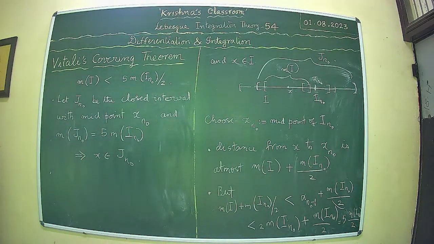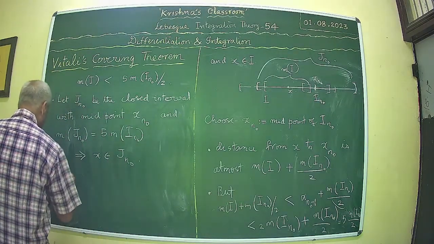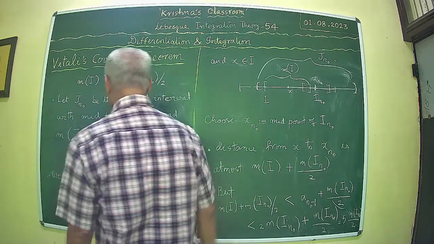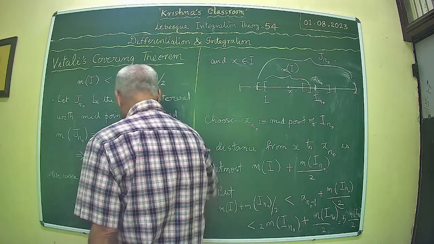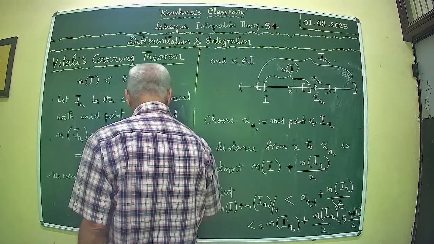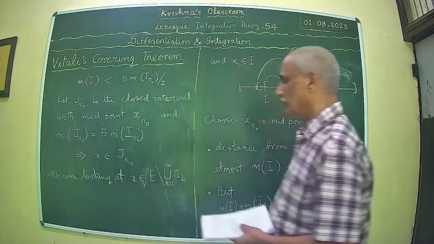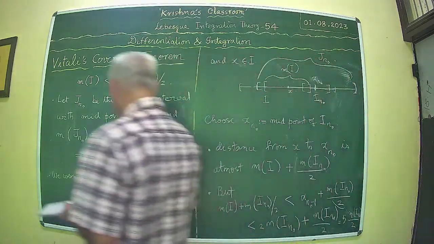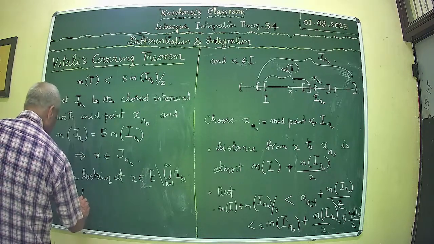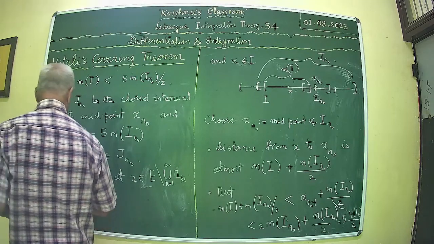We are looking at an x which does not belong to E minus the union of I k, and now you see that x does not belong to the union of I k for one to n, for every n.